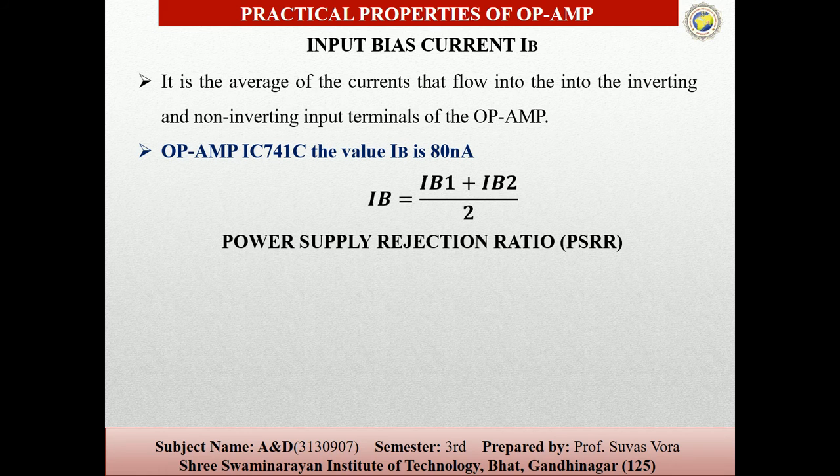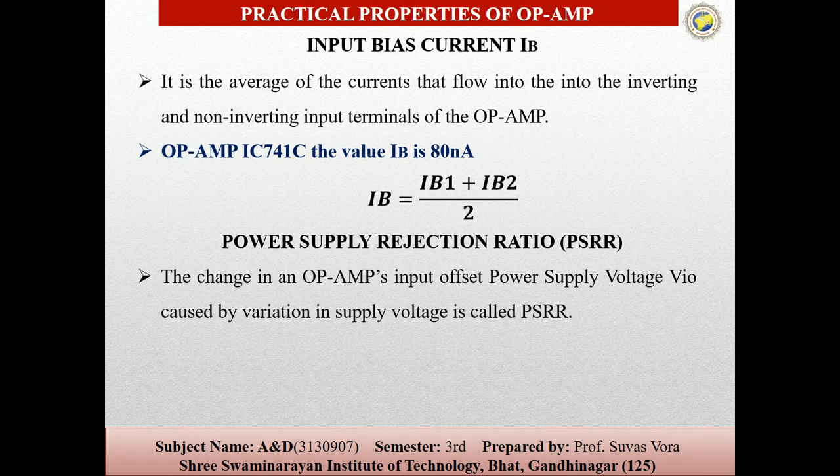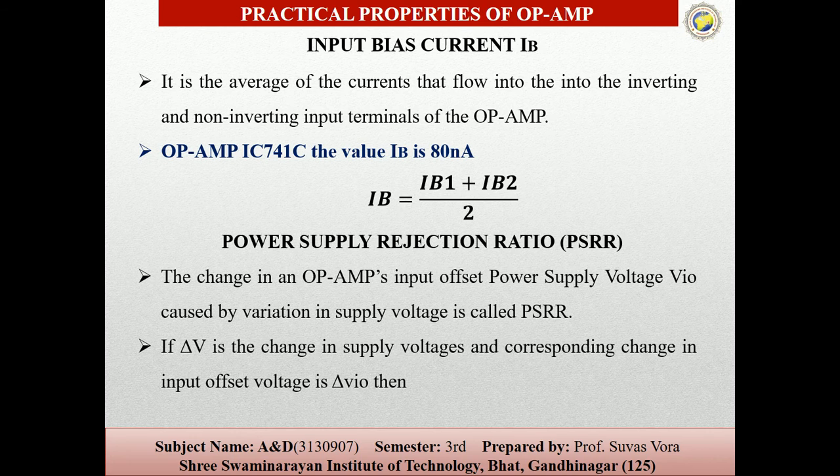Then the power supply rejection ratio, PSRR. The change in the op-amp's input offset voltage VIO caused by variations in the supply voltage is called the power supply rejection ratio. It is also called the supply voltage rejection ratio, SVRR.